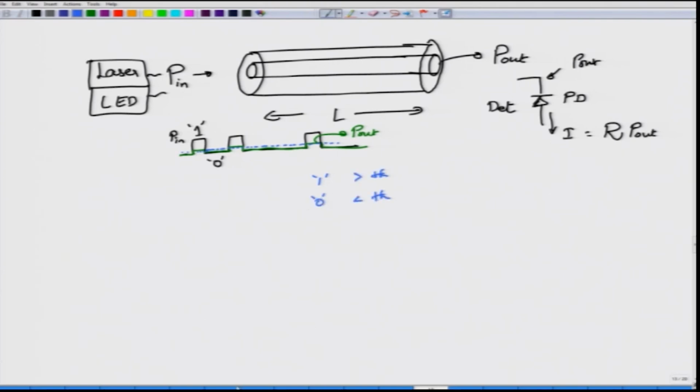In order to make this decision, you need to actually look at the minimum optical power that my photodetector can detect. If I send in optical power at say 20 picowatts, my photodetector may not respond. It says that no, please give me a certain optical power, let us say 1 nanowatt, so that I can convert that 1 nanowatt into a current of 1 nanoampere, and that is the minimum optical power that I require.